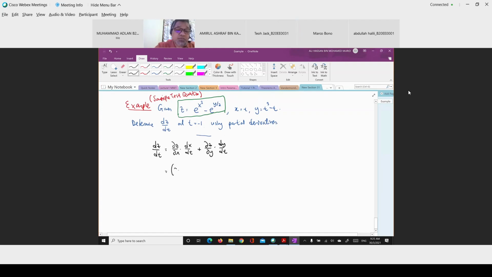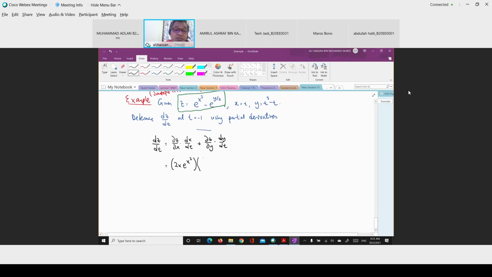Yes, 2x times e to the power of x squared, right? The second term, e to the power of y over 2, is independent of x. So if we treat y as a constant, the derivative of the second term with respect to x is 0. And what is dx/dt? Just 1, since you are given x equal to t.